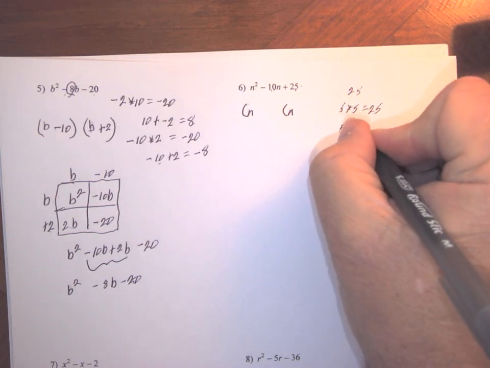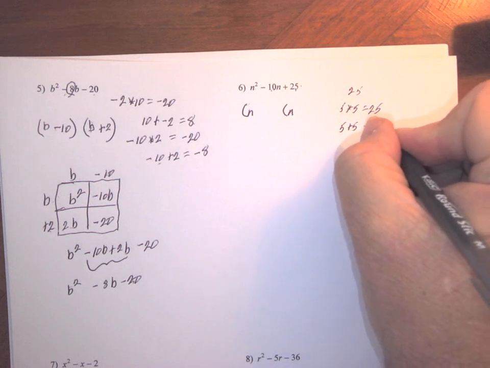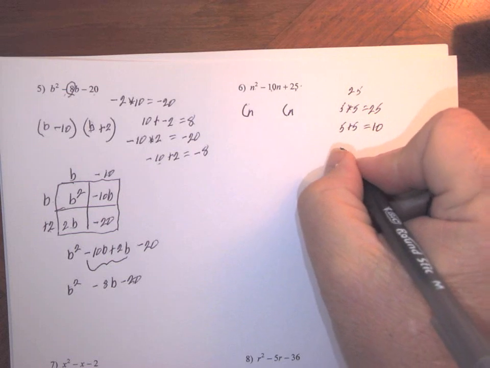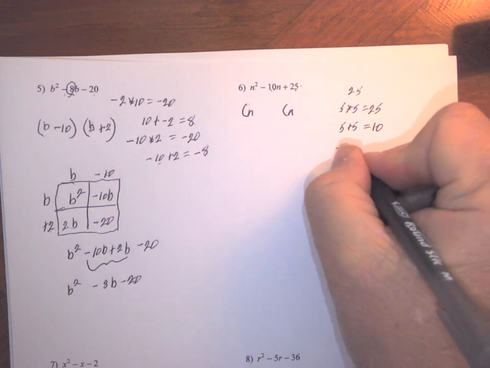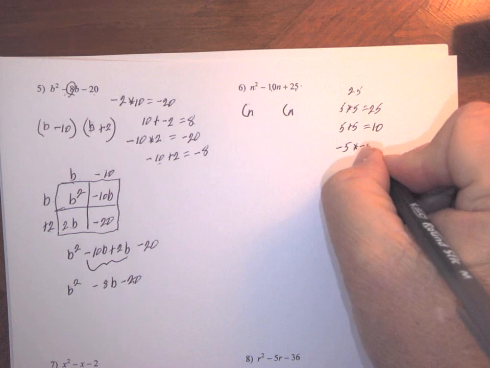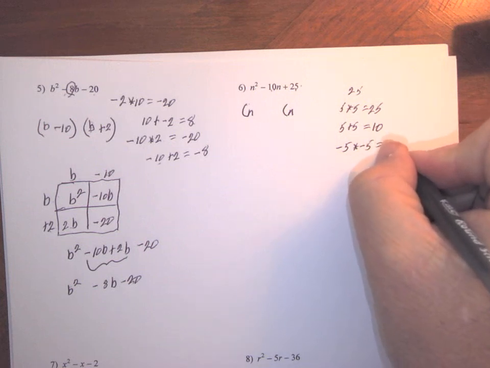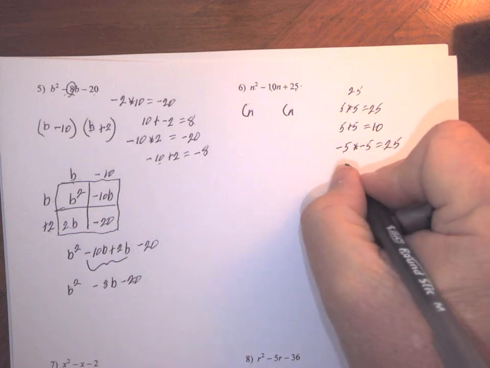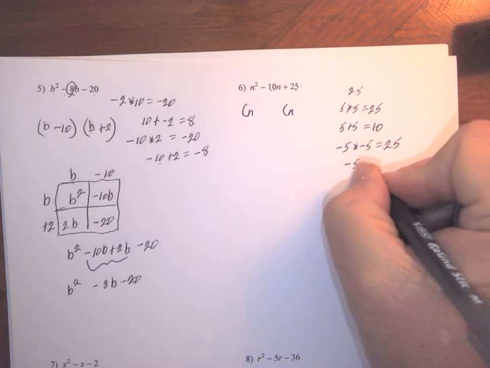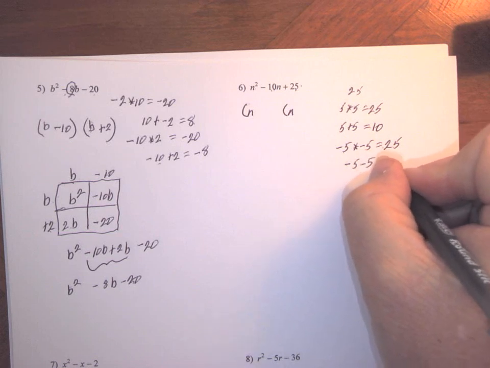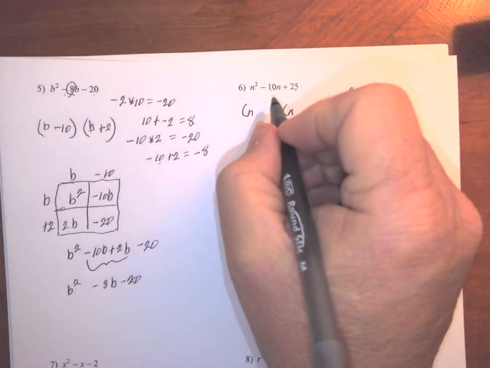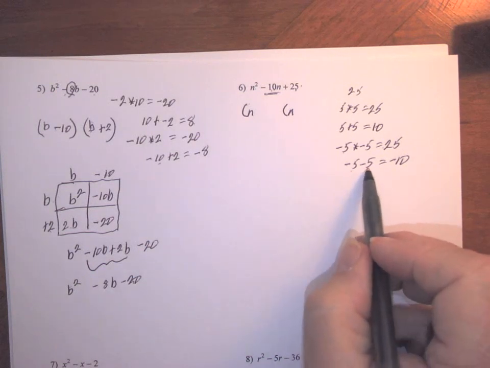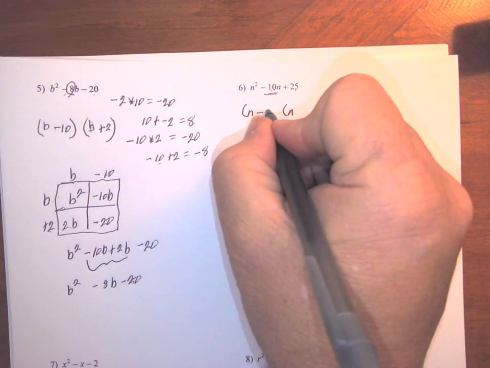But 5 plus 5 is equal to 10. And we got a negative 10. But wait a minute. We also know that negative 5 times negative 5 is equal to plus 25, because a negative times a negative is a positive. And negative 5 minus 5 is equal to negative 10, and that ties back to what we're looking for here. So we know both factors have got to be n minus 5.